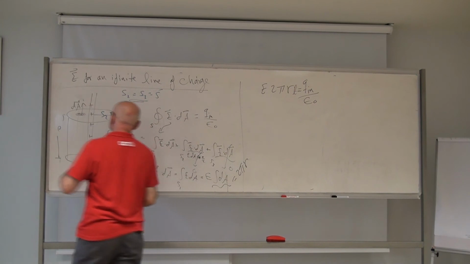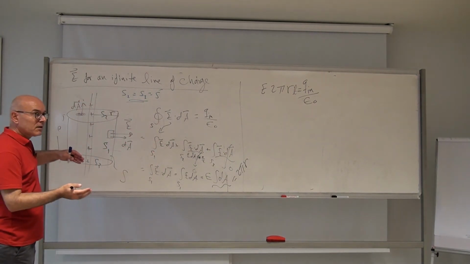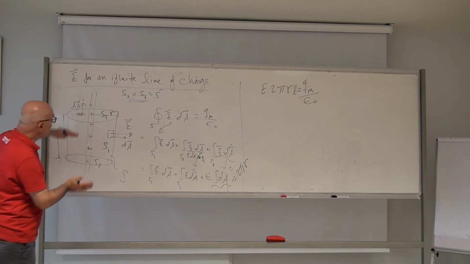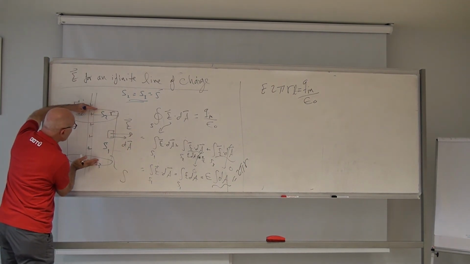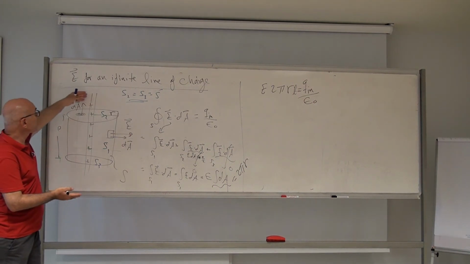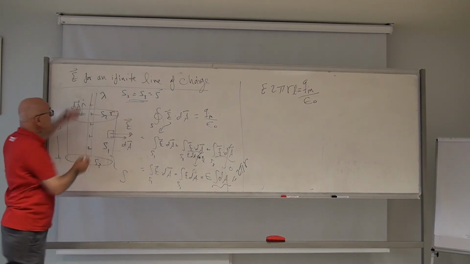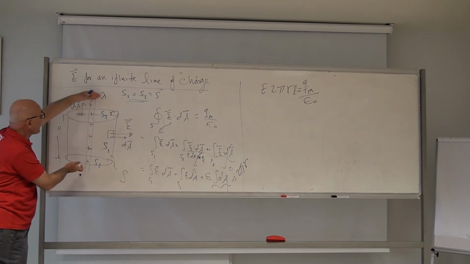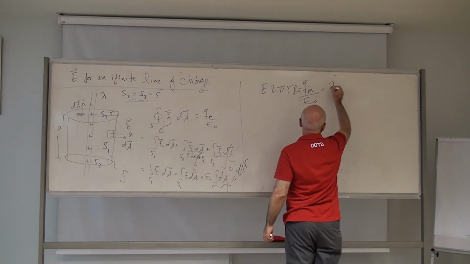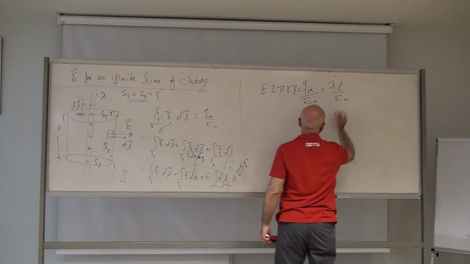Now I need to work out what Q enclosed is. Q enclosed is the charge of the line that is enclosed within the surface. In other words, it is the charge on a portion of the line which has length L. Since the linear charge density is lambda, this charge is equal to lambda multiplied by L. So this is equal to lambda L divided by epsilon naught.